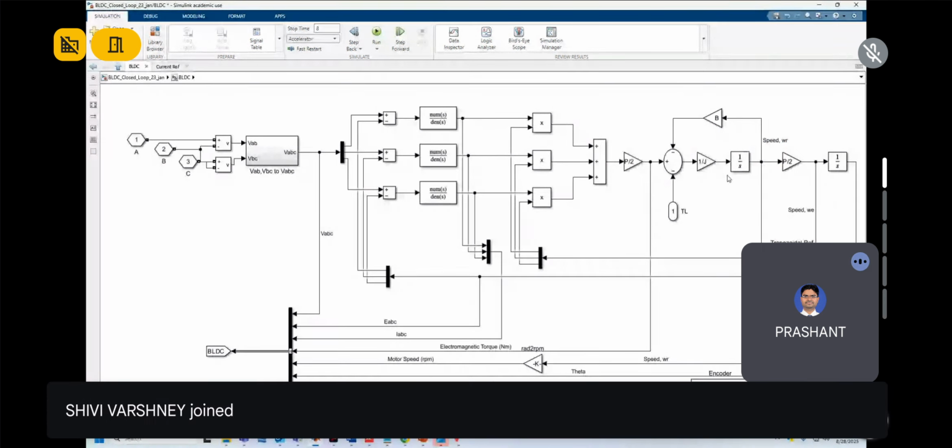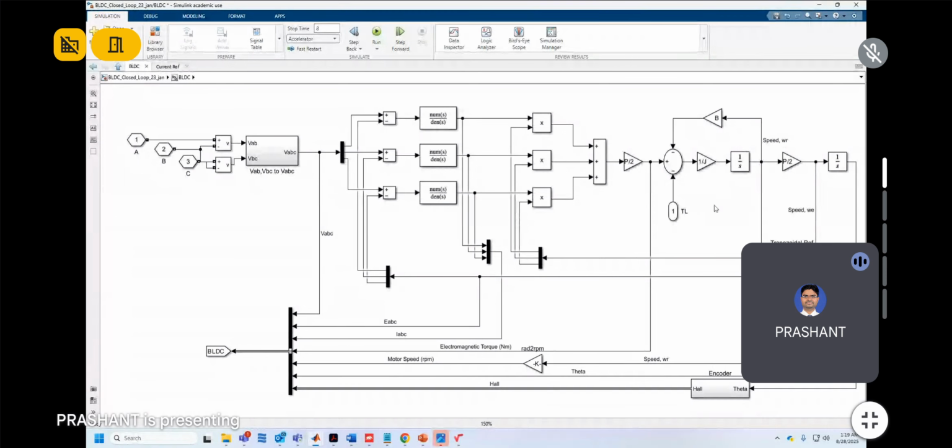This point is omega. So this is overall the mechanical dynamics of the motor: TE minus TL minus B omega is equal to 1 by J into d omega by dt, then 1 by S. And at this point we are getting the mechanical speed of the motor.